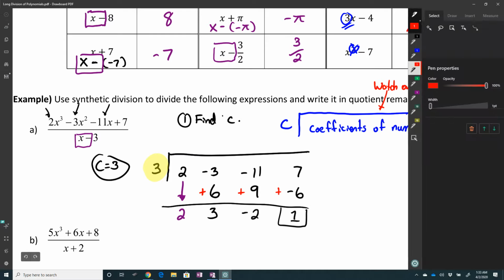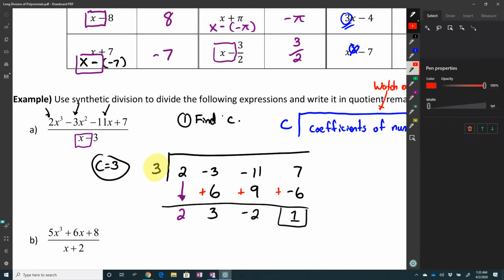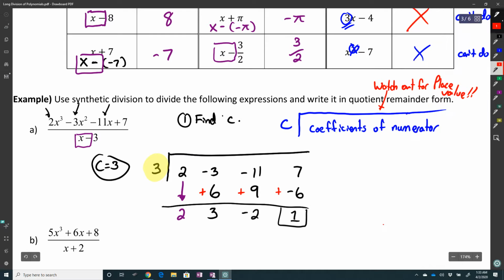So, after you write down the first number, after you do that, then you start the process. And again, the process is just multiply to the outside, right underneath the next number.